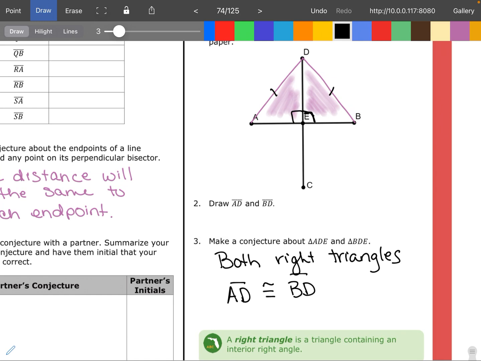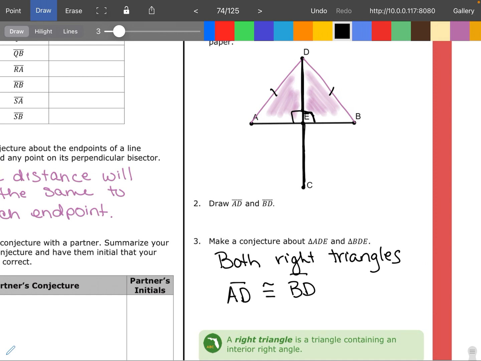Now, with your patty paper, or paying attention to me, if you were to take this line of this perpendicular bisector, think of it as a line of reflection, and fold your patty paper to where A maps on top of B. You're going to see that those two triangles match up.